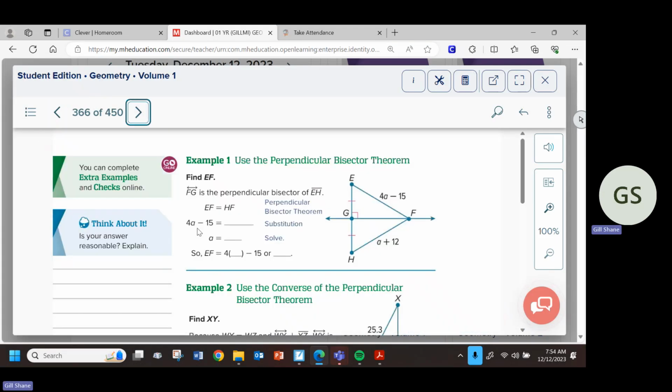So here's the highest level of difficulty on this.